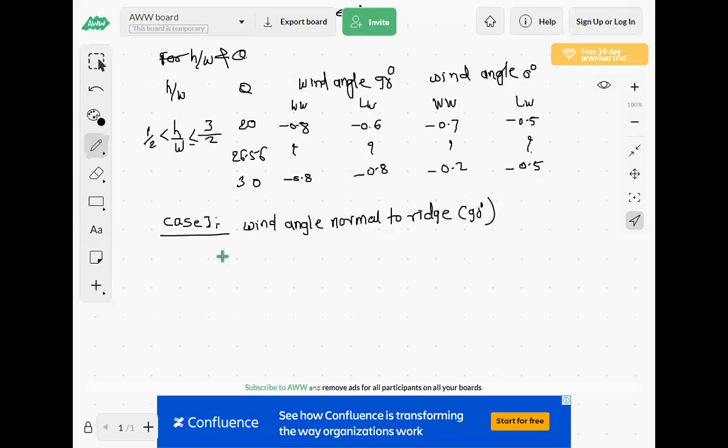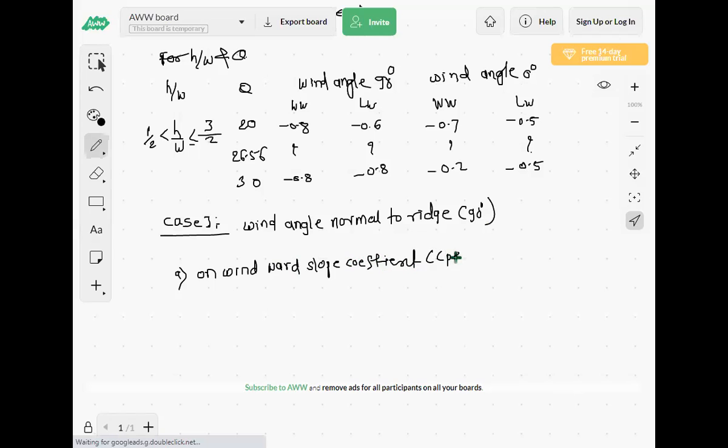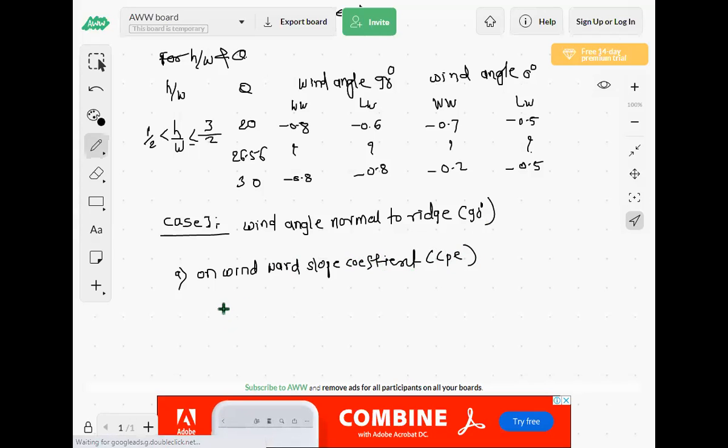For this 90 degree we first find the windward and leeward coefficients. First we find the windward coefficient for theta 26.56 degree, that is, on the windward slope, the coefficient Cpe. How to calculate this?